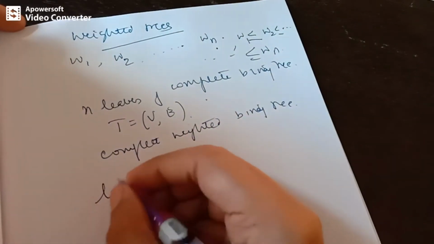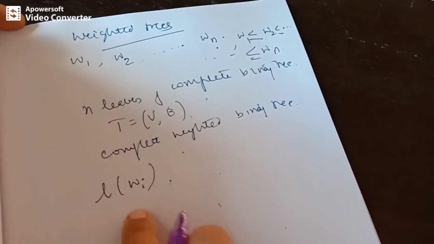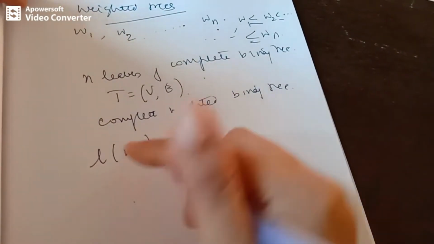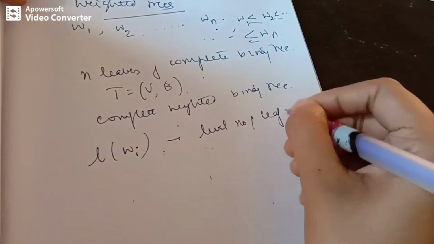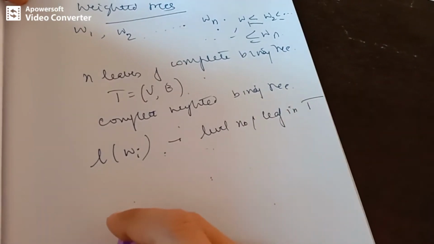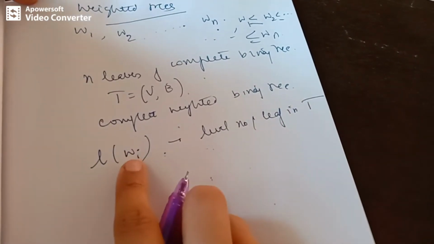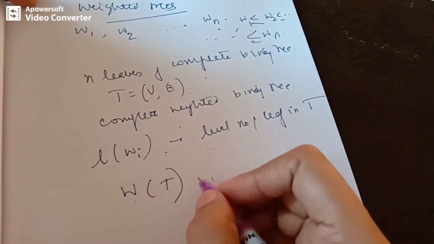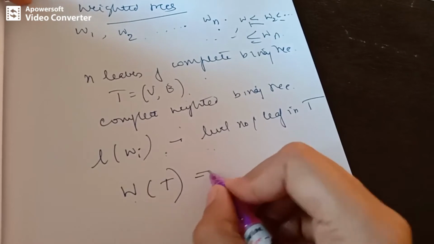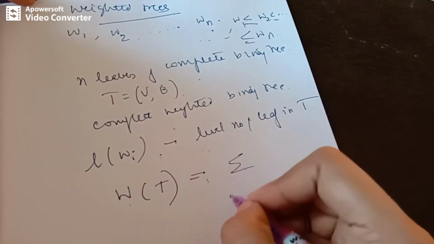So if we say L of Wi, what does this represent? Let's say this represents the level number of the leaf in a tree to which weight i is assigned. So now how do we say the weight of a tree? This is the weight of a tree.